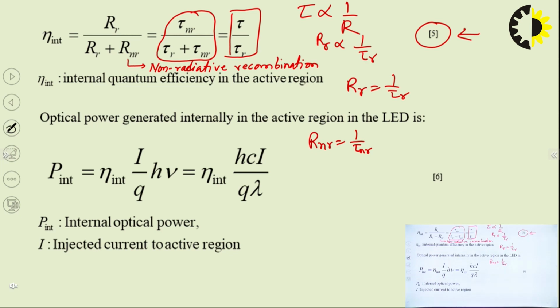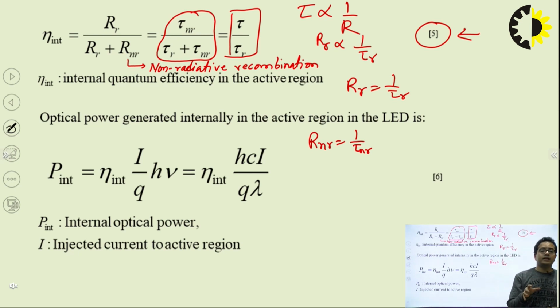Now we have to visualize the meaning of internal quantum efficiency. If I say my internal quantum efficiency has a value of 95%, then what is the meaning of that 95%? It means that out of 100 photons incident on the electron in the conduction band, 95% lead to the generation of light.